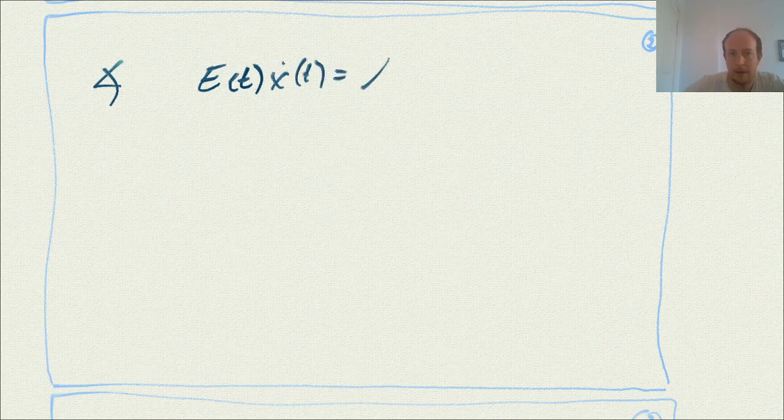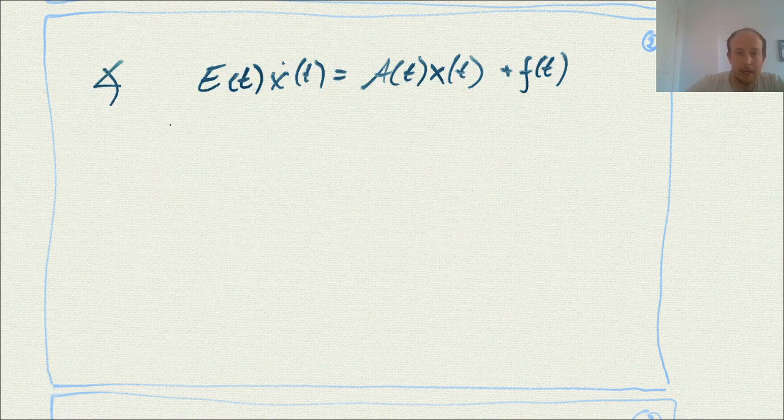This means from now on we consider E(t) x dot(t) = A(t) x(t) plus a right hand side, which now means that E and A are matrix valued functions.